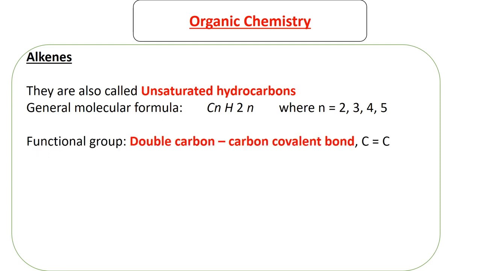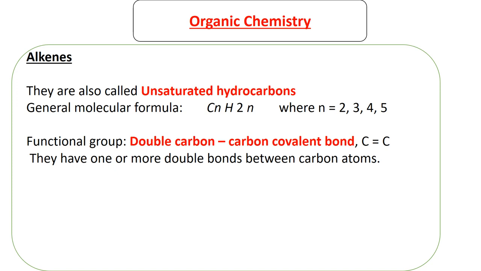The functional group is a double carbon to carbon covalent bond. So alkenes have at least one double carbon to carbon covalent bond. They all end with ENE as the suffix.